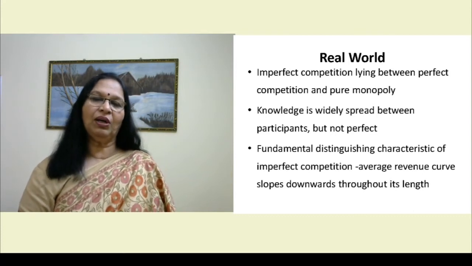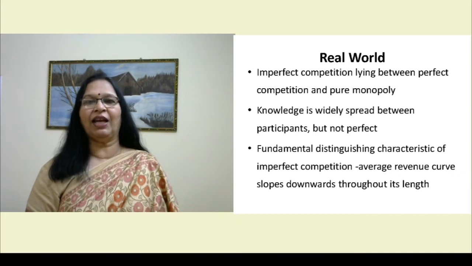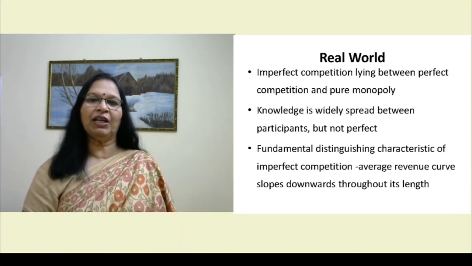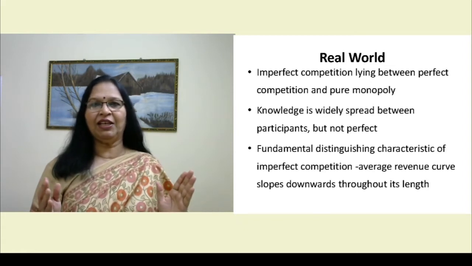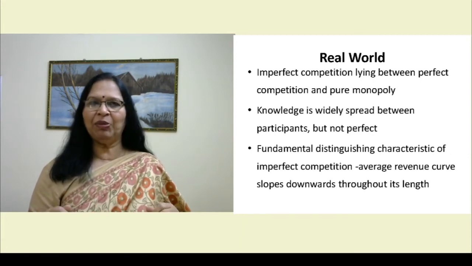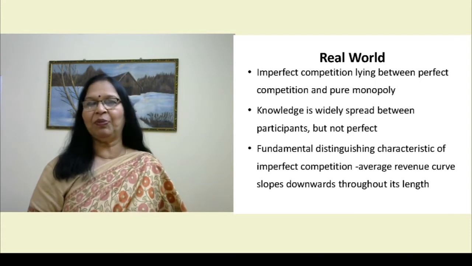So this real world scenario emerged away from the perfect market and that of monopoly. Now this imperfect market lies somewhere between the two ends of perfect market and monopoly, and knowledge is widely spread between the participants, but not as perfect as that of the perfect market.